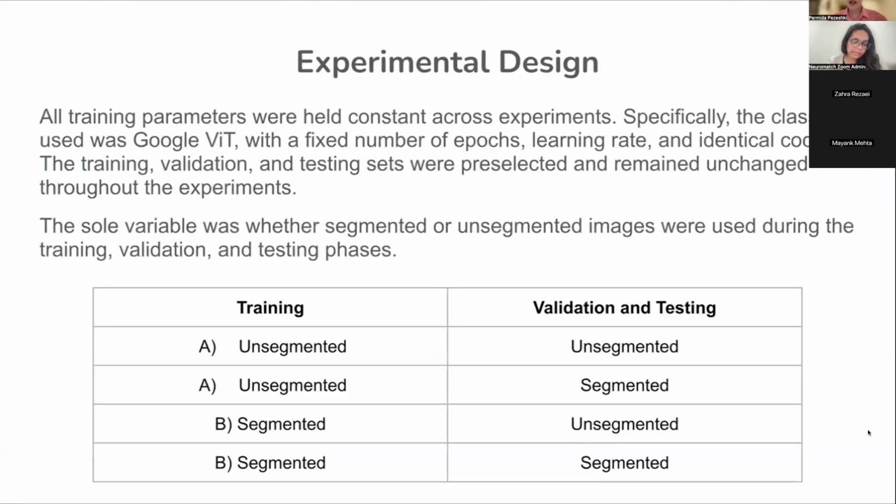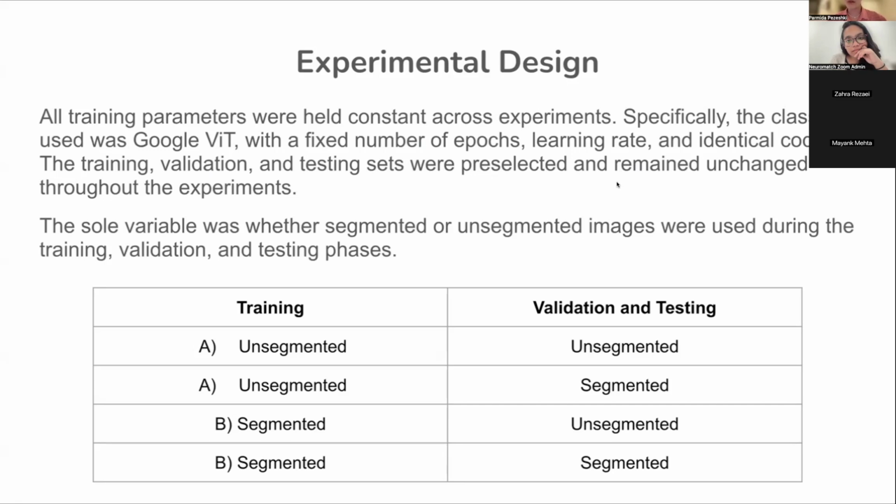You can see our experimental design here. Overall, we ran four kinds of experiments. As I said, the training was done either on unsegmented original images or segmented images, and also the testing was done on either unsegmented or segmented images.